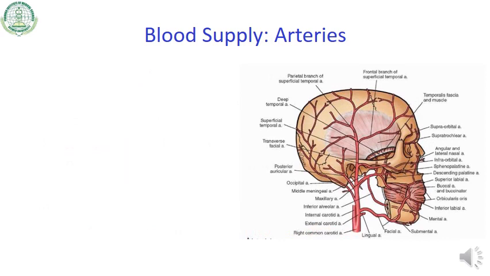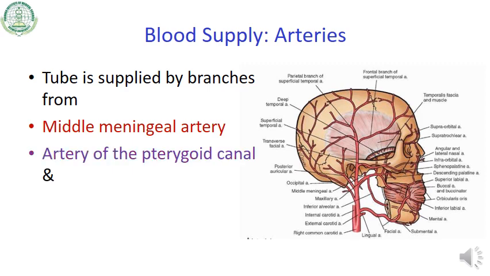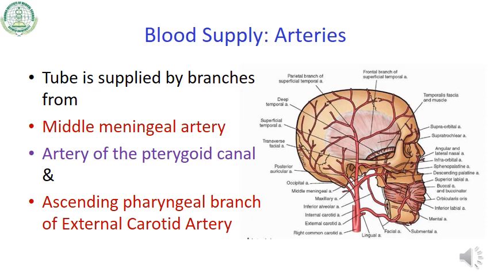auditory tube. Now we'll come to the blood supply, the arteries of the pharyngotympanic tube. The tube is supplied by branches from the middle meningeal artery, then the artery of the pterygoid canal, and the ascending pharyngeal branch of the external carotid artery.